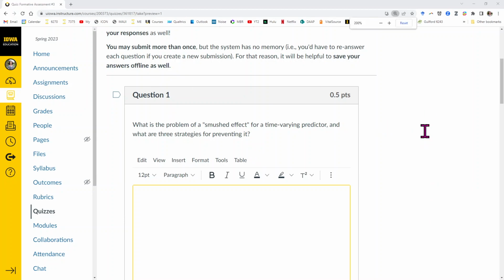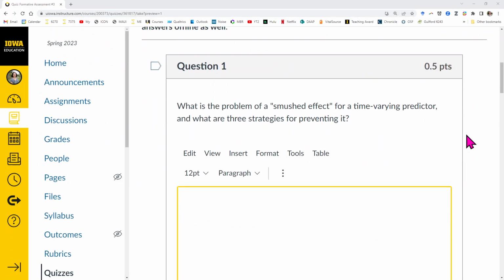First question on formative assessment number 3 then. What is the problem of a smushed effect, and what are 3 strategies for preventing it? I looked at your answers this morning, did not have a lot of time to give detailed feedback, but it seemed like most people got the hang of this. So if I say smushed effect, what am I talking about? The between and the within parts have not been disentangled.